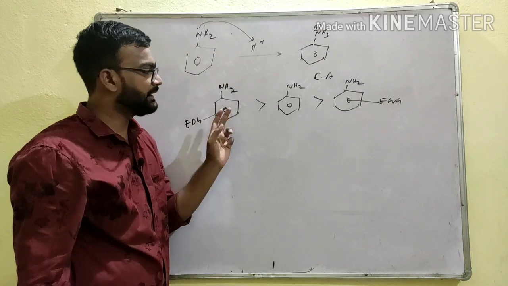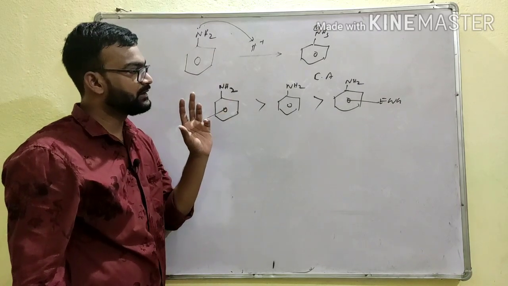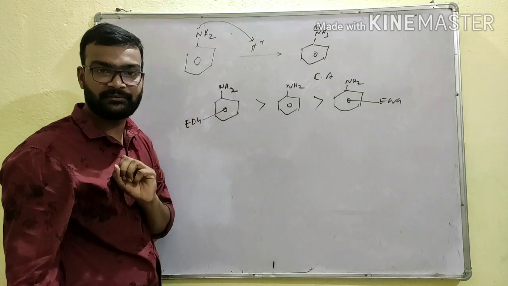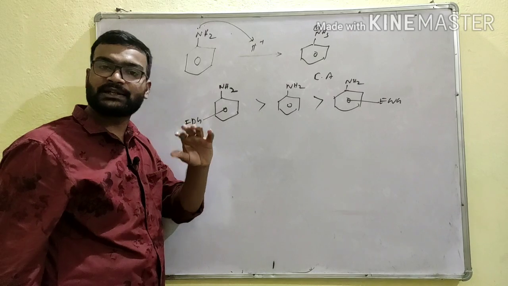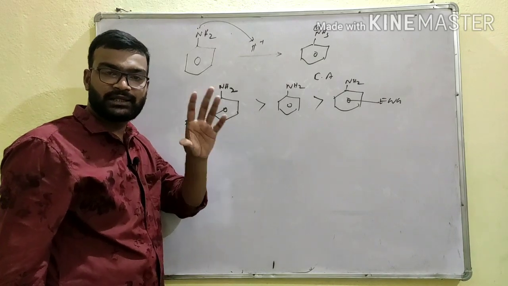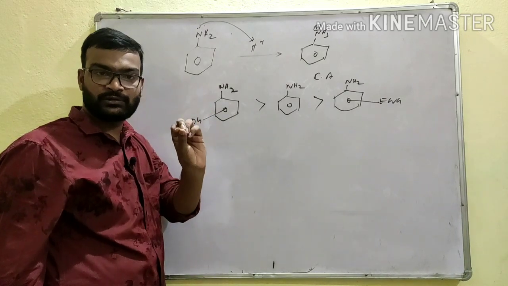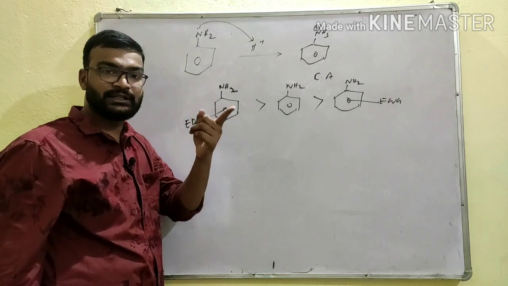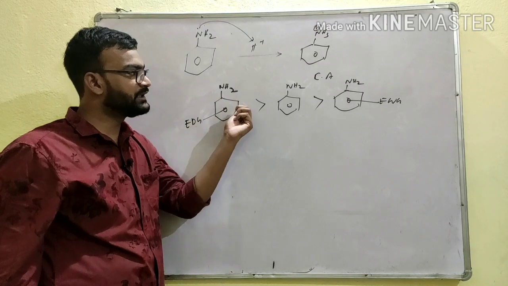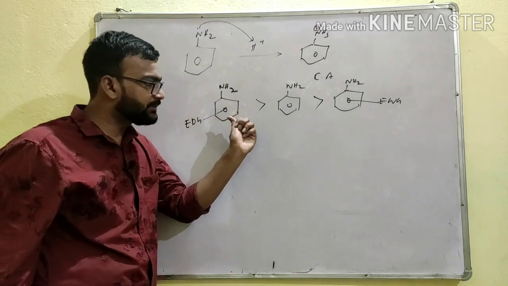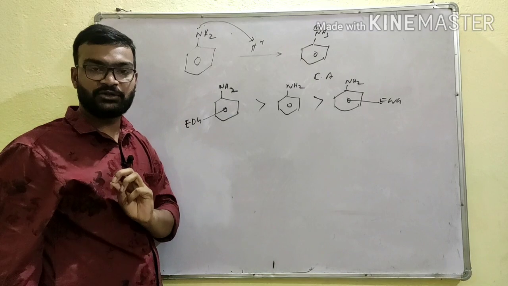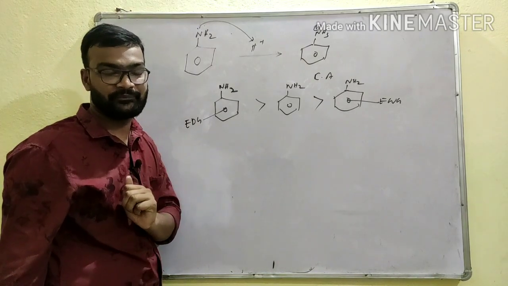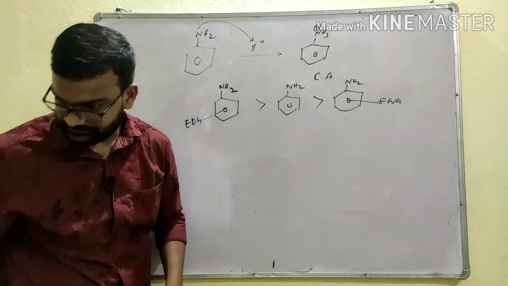There is a special concept called the ortho effect in aniline. What we discussed in acids, the ortho effect, was that any group attached at the ortho position in benzoic acid makes the benzoic acid more acidic. The ortho effect in aniline is opposite to that one. In the case of aniline, if you put any group at the ortho position, then the aniline will be less basic.